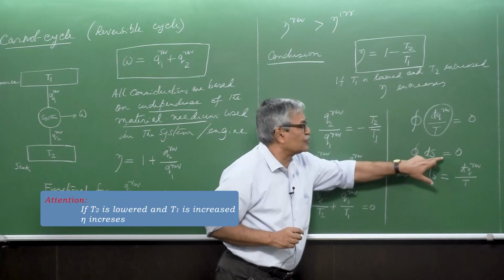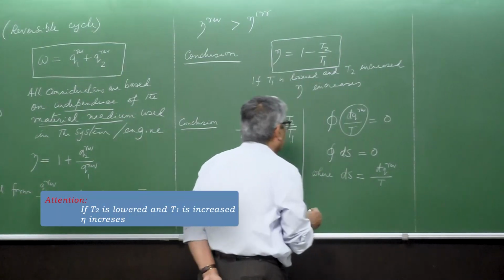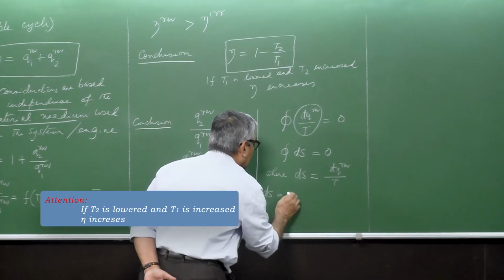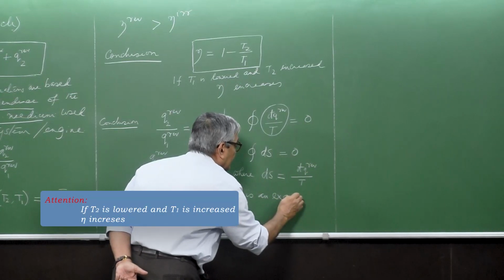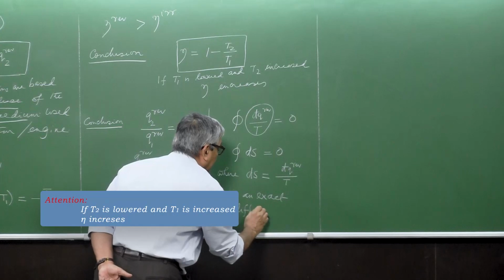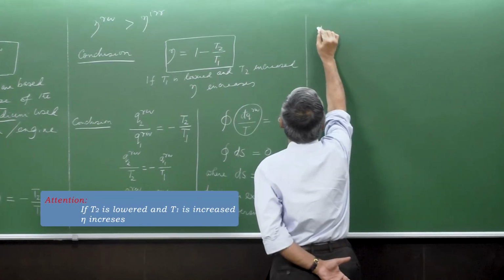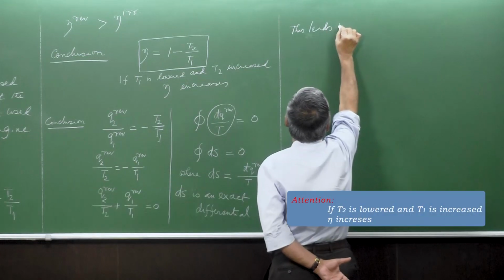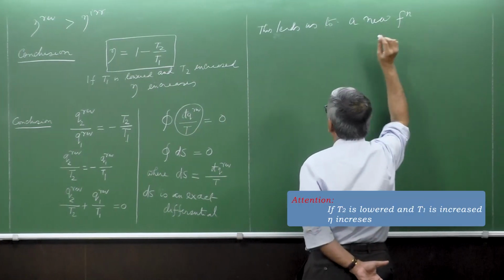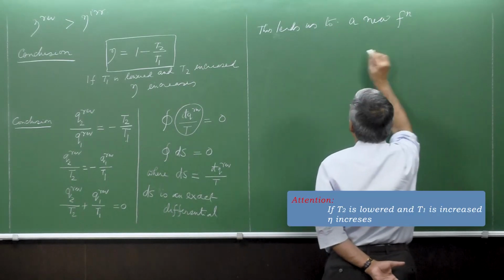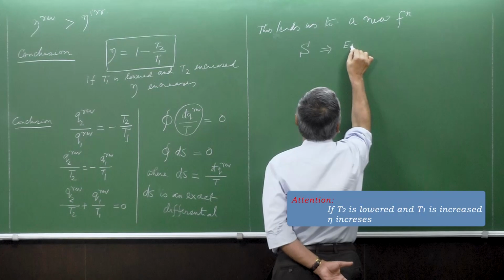So, if this is true, this means that ds is an exact differential, and this leads us to a new thermodynamic function, and that function is S, and we call it entropy.